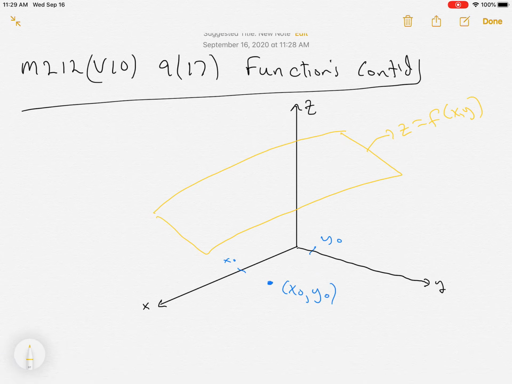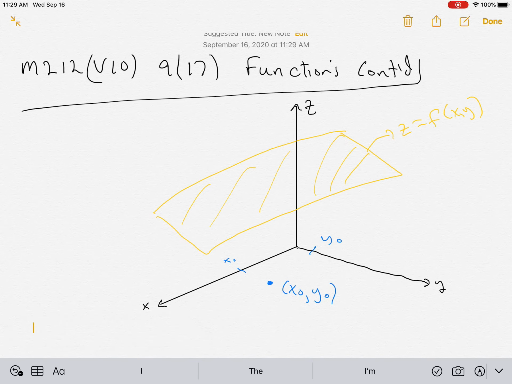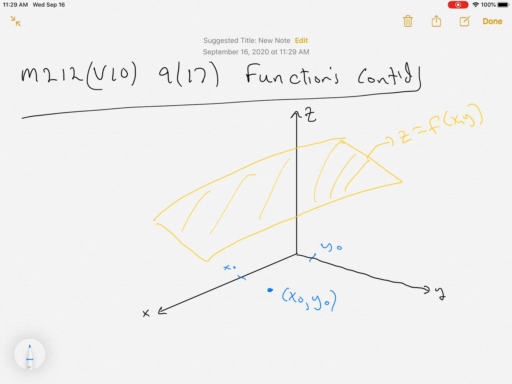Just to recall, here's some surface z equals f of x, y, and then we pick some point x naught, y naught, and we fix the plane through y naught. So y equals y naught is fixed. All right, so that means we're fixing y, and x is going to move.